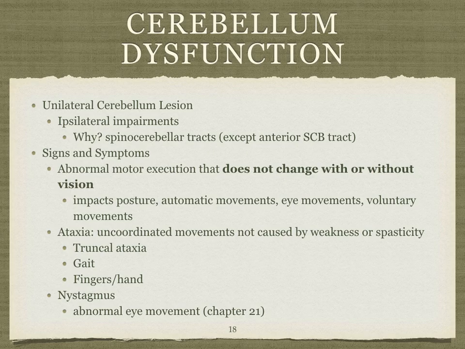Vision aids in providing more control. Here in the cerebellum, it doesn't matter if you have your eyes open or closed, it's going to be the same performance. And also, individuals with this have normal strength. It's not strength that's the issue, it's our understanding of our position in space. So what happens is that we're going to have impaction of posture, automatic movements, voluntary movements, and our eye control.